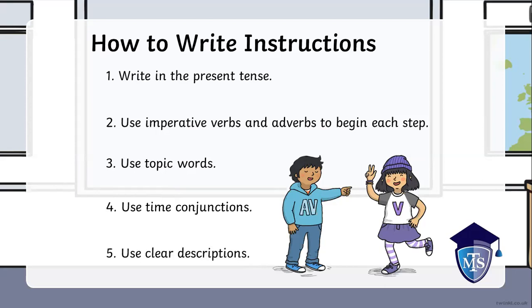Last one, use clear descriptions, which means that we have to add details to know exactly what we need. For example, mix the dough with a wooden spoon, or mix the flour and milk in the mixer. So I use details that make the instruction very clear.